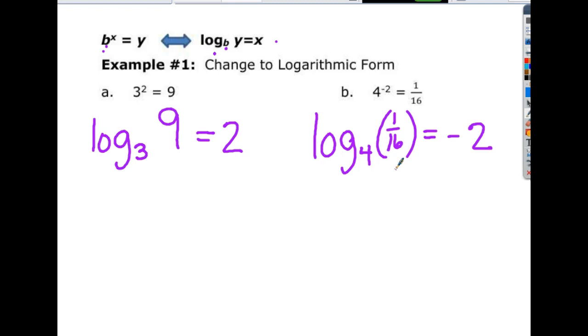We would say log base 4 of 1/16 equals -2. I'm not asking you whether this is true or false. It is true, by the way. We're just changing from one form to another. Not solving for anything yet, but we're going to be able to use this to solve our equations.